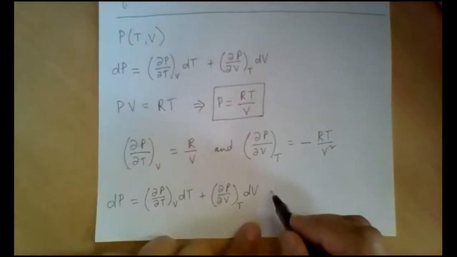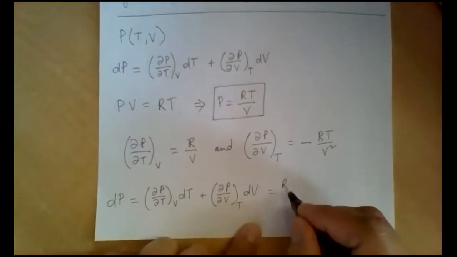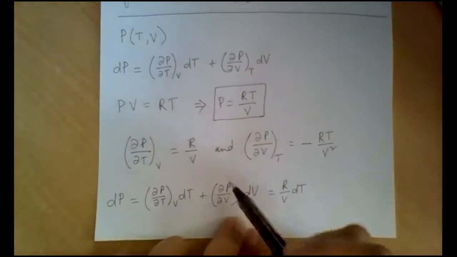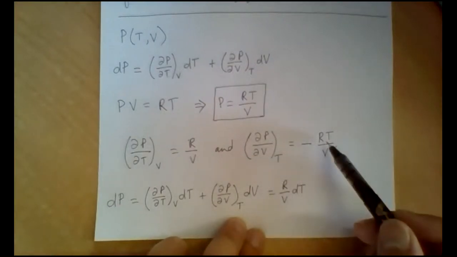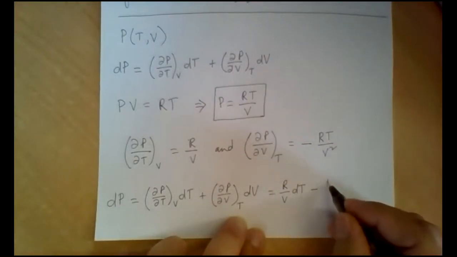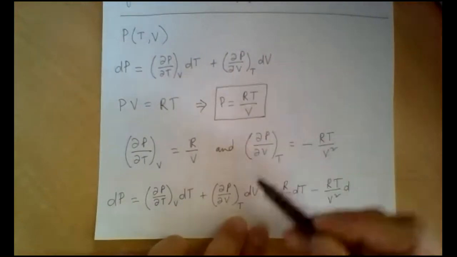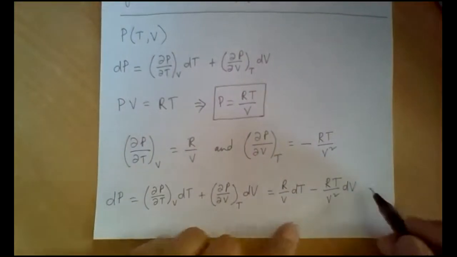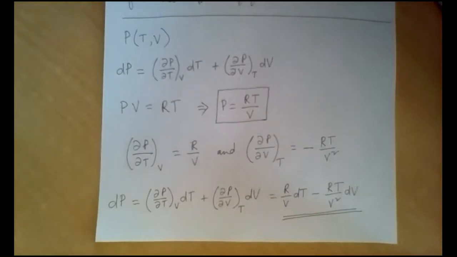Del P by del T is R by V, so this is R by V dT plus del P by del V at constant temperature, which is minus RT by V square dV. So this is the expression for the total differential of the pressure for an ideal gas.